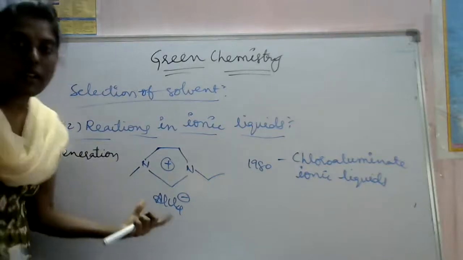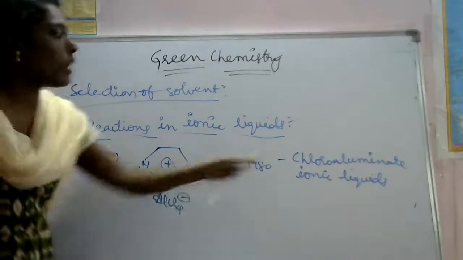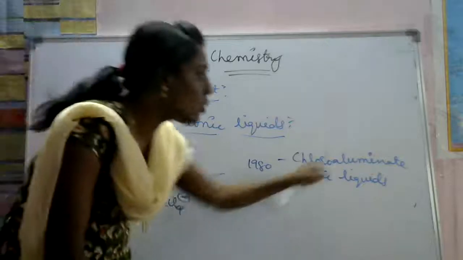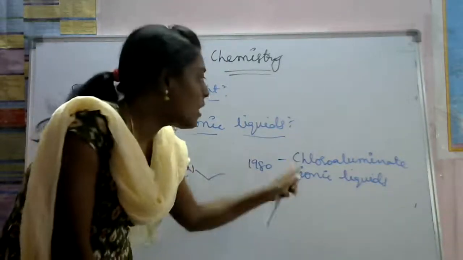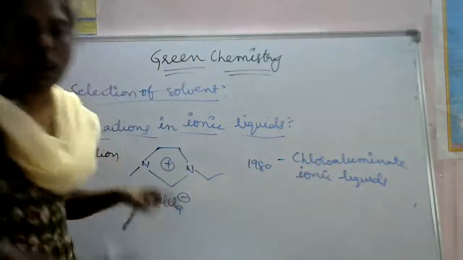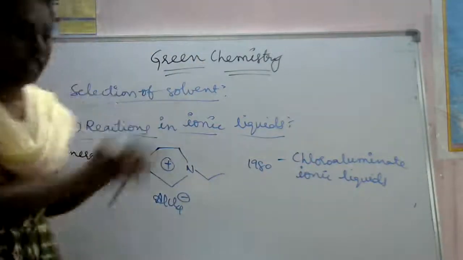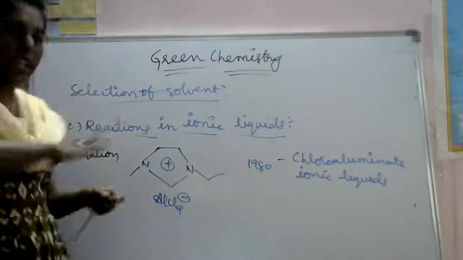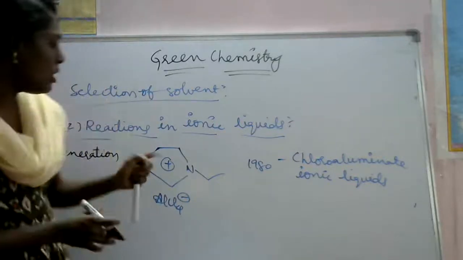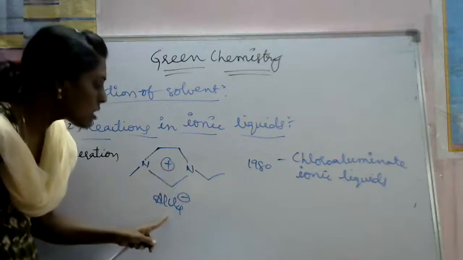This is the first generation of ionic liquid, which is chloroaluminate ionic liquids. These ionic liquids contain the imidazolium group only; we are just varying the anion. This is the cation and this is the anion.